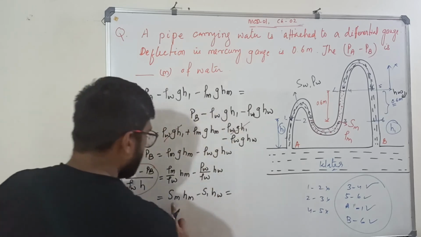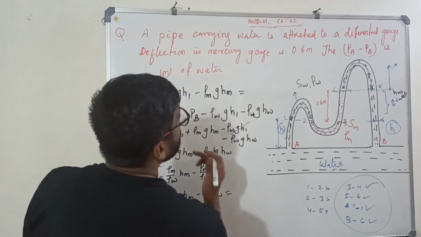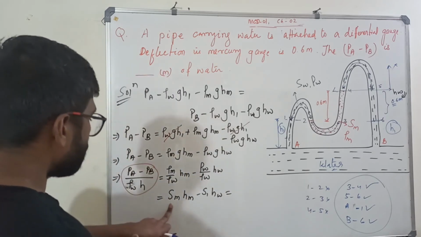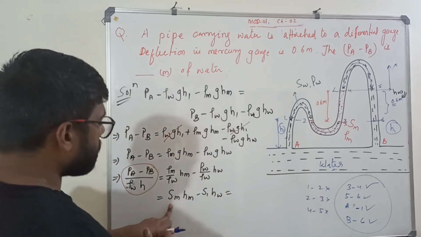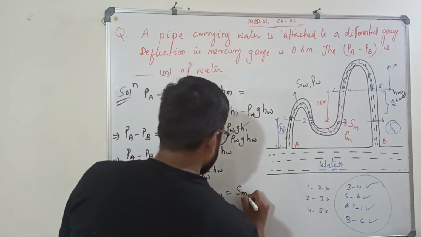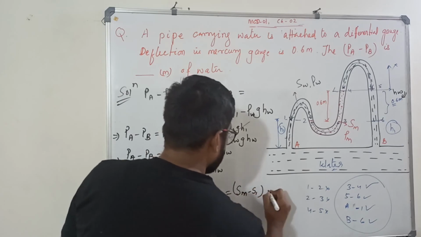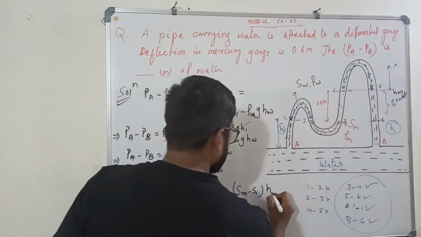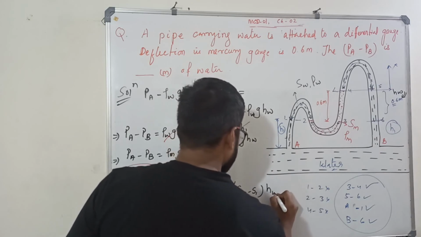Both are the same. Sm is how much? Sm minus S1 into HW, they have given, so this is your 0.6. Sm minus S1 into Hm equal to HW, right? 0.6 only. So Hm or HW, both are the same.